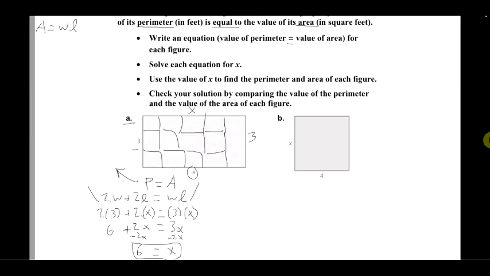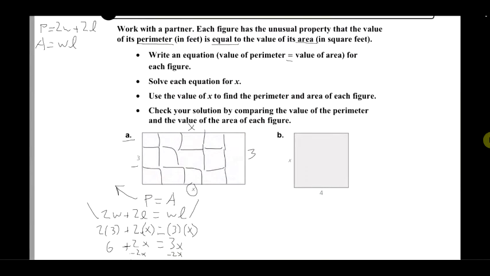To double check that we did this correctly, we can plug in our variable x and see if it's right. If the area is the same number as the perimeter, then we've done it right. Let's do the perimeter.